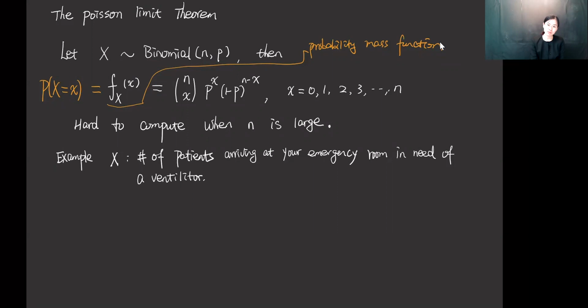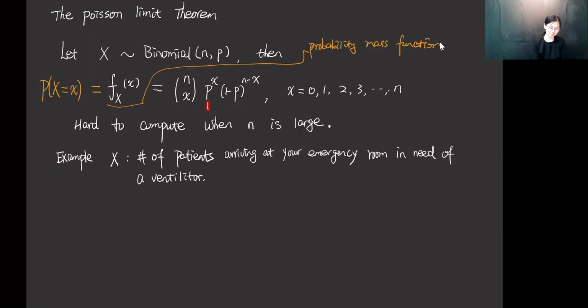Then in previous videos, we have calculated that the distribution of the binomial(n, p) random variable can be described by this formula. This formula has a component that's n choose x, and also a component that's p to the power x times 1 minus p to the power n minus x.